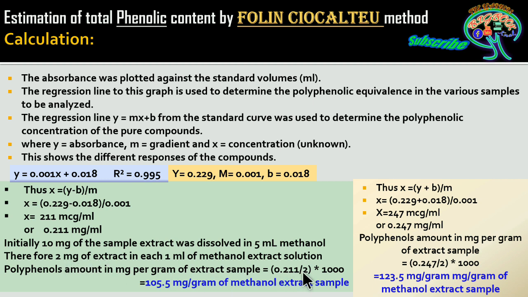So dividing by 2 shows how much phenol is present for each ml of extract. Further, this is multiplied by 1000, because 1 gram is 1000 milligrams.